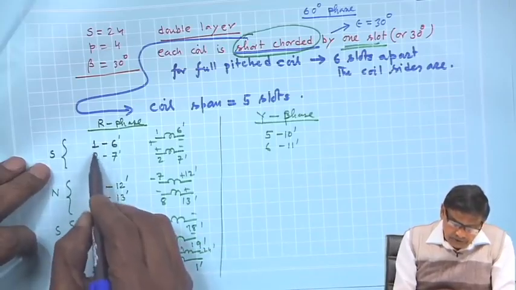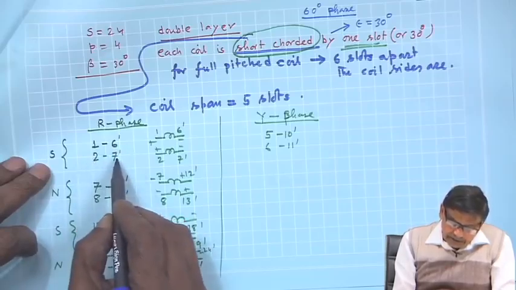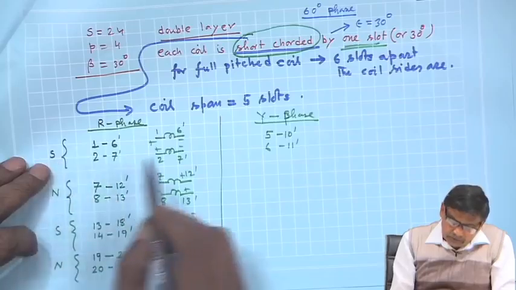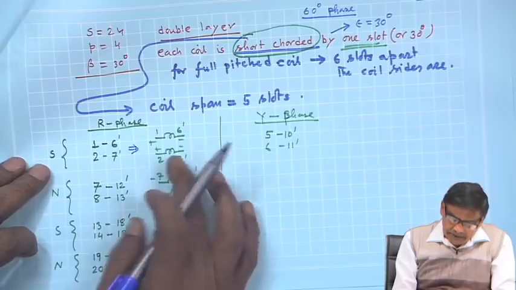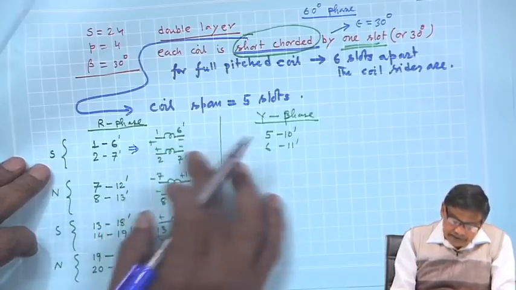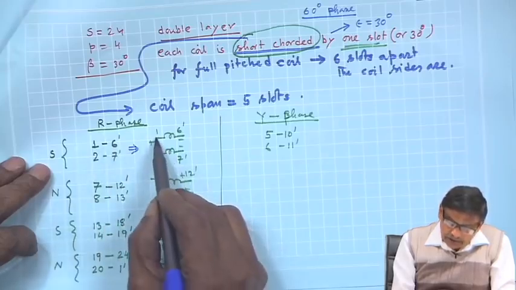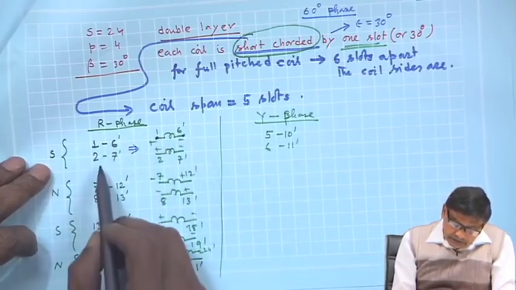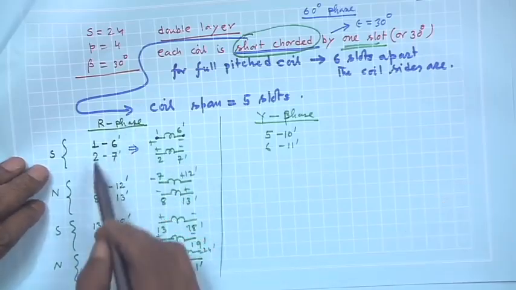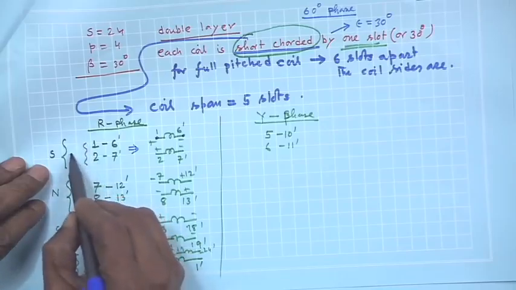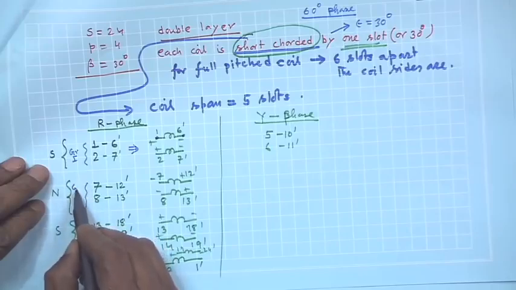So, first 2 slots: 1 to 6 dashed and then 2 to 7 dashed, and this is, suppose, under south pole, and the corresponding representation in terms of coil. It makes sense to represent it like this, because between 1 and 6 dashed there is a coil with terminals 1 and 6 dashed. So, 2 to 7 dashed. This is one group, mind you, group 1 of R phase. Similarly, this will be group 2.